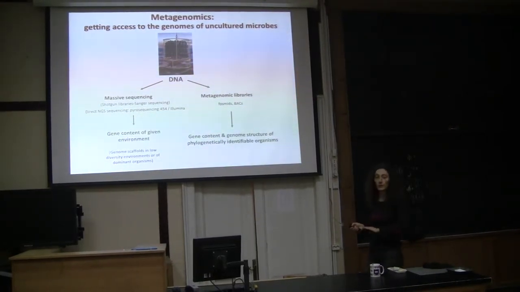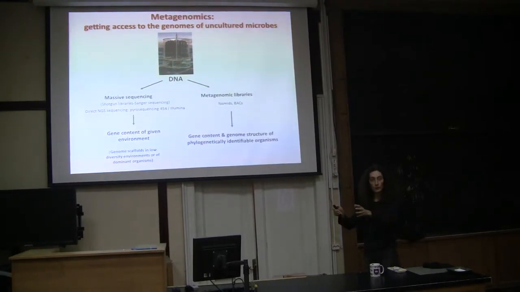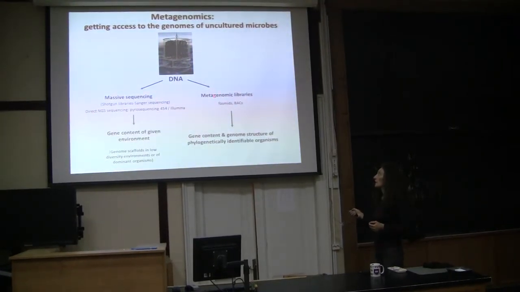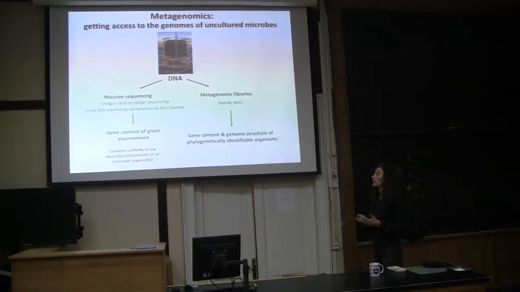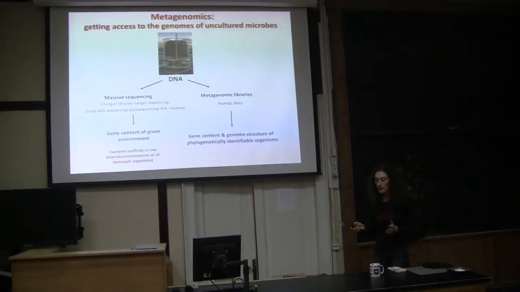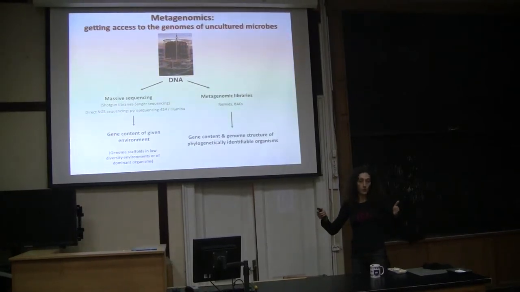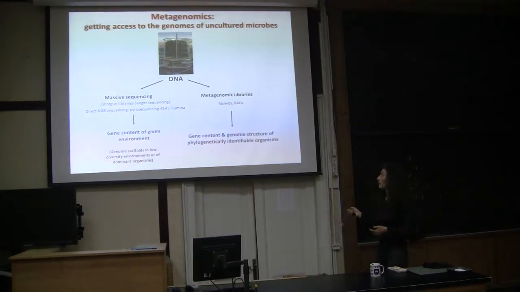Otherwise, you just have information about the gene content of an environment. The other possibility, which is more expensive but interesting, is to build metagenomic libraries. This means that you clone big fragments of DNA, so big genome fragments, in fosmids.